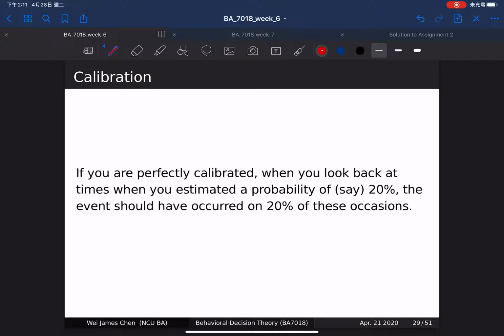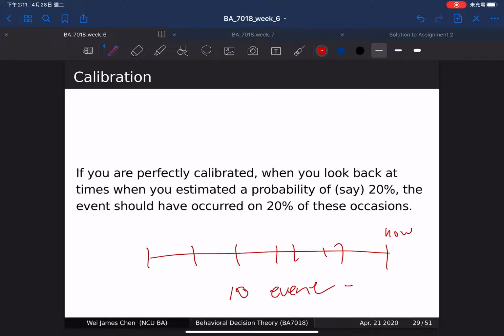The way to do this is called calibration. So what it means is this. If in the past, this is you now, in the past there may be 10 events. In these 10 events, you assessed the probability of event A happening at 20%.